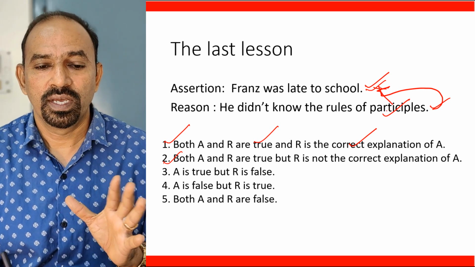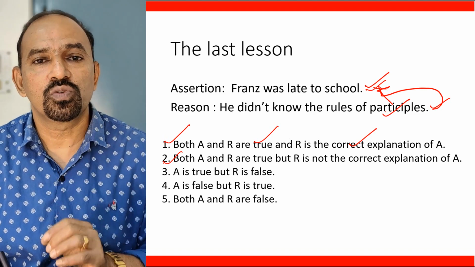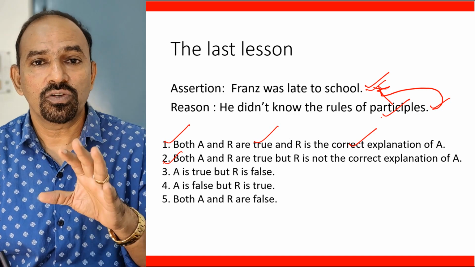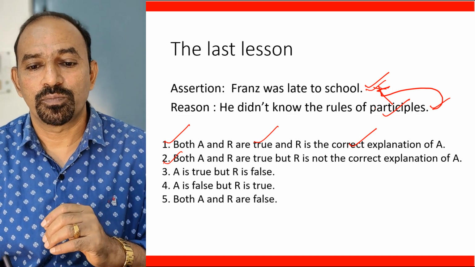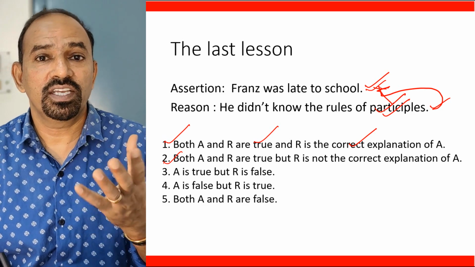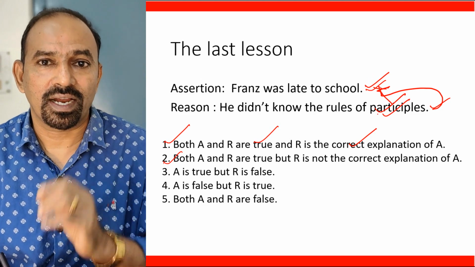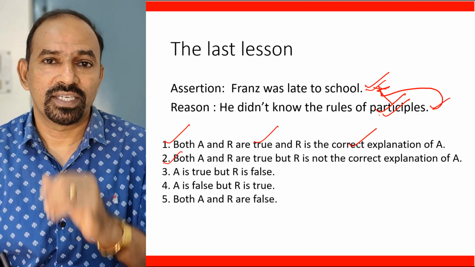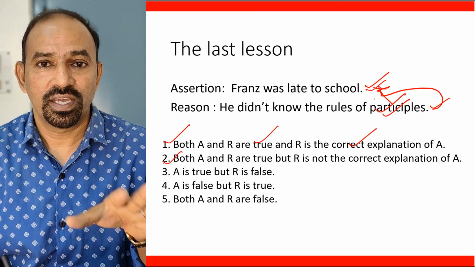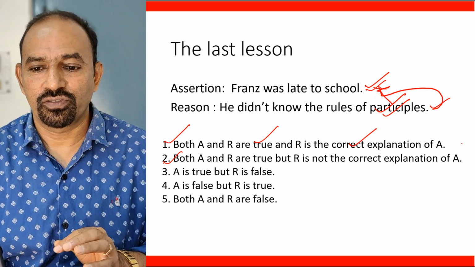No. His reason for going late to school was that he started late from his home. Not because he didn't know the rules of participles. He didn't know the rules of participles, because of that he thought about bunking that class, running away from that day's class. But it was not the reason for his being late. So, the first one is not the answer there.